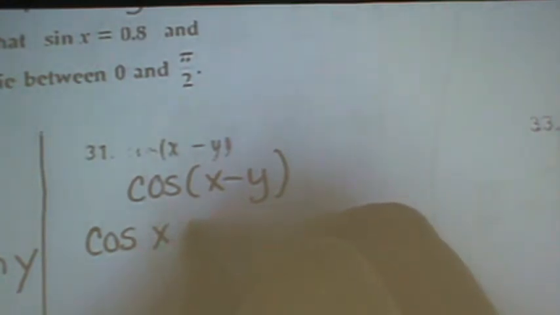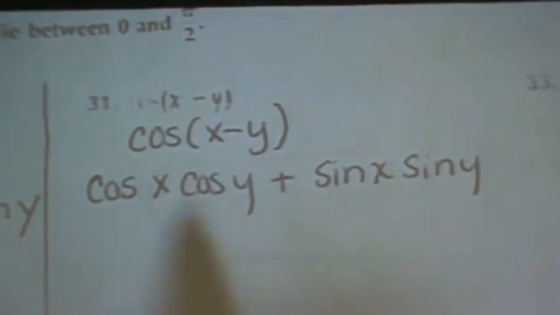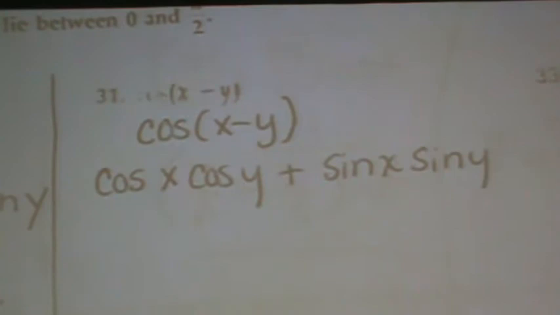So you're going to do the cosine of x times the cosine of y plus the sine of x, sine of y. So again, you're going to use these same numbers from this triangle.